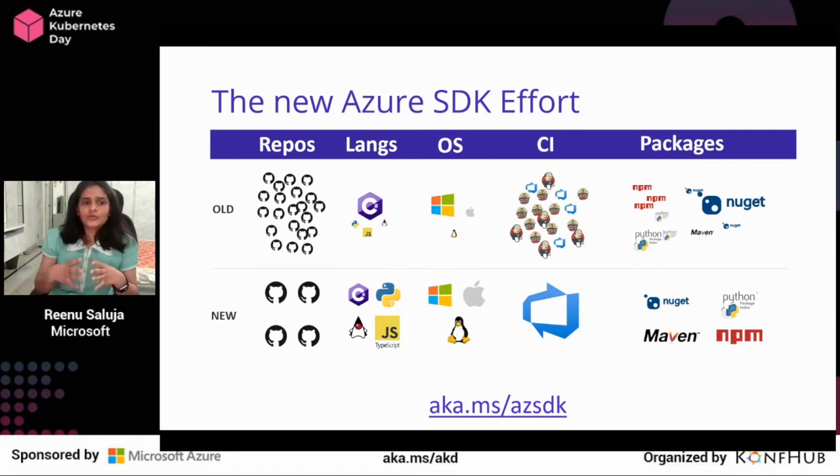Our aim is something more consistent and more predictable, and there are a lot of design guidelines we follow. This is open source, so if you want to deep dive, go to aka.ms/azsdk. The specific component I would like to highlight for today's session is the identity component.